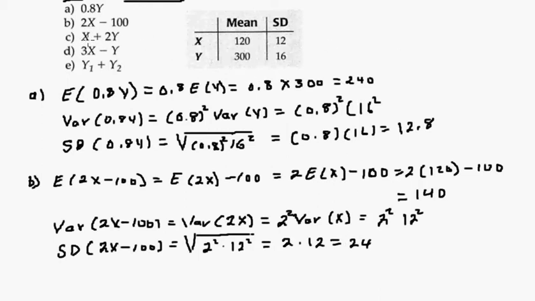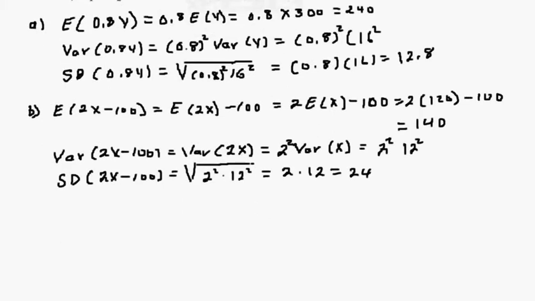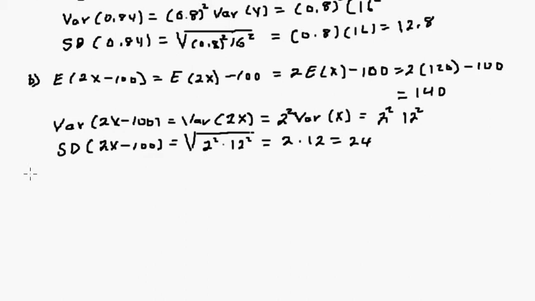Okay, so now we're going to go another direction. X plus 2y. So c, we want to know the expected value of, what was it, 2x plus y? I can't remember. Oh, x plus 2y. Okay, sorry. X plus 2y.